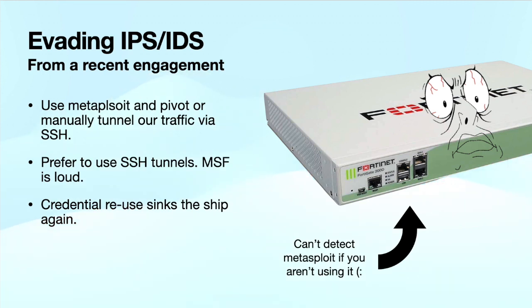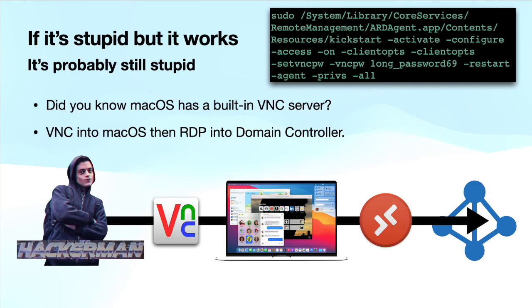So we got the DC because they use the same password for their login on the local admins on the user group, whatever. But we have a pretty good working relationship with this particular IT admin. So we thought, okay, what if we pull this chain a little bit? What if we remote SSH into his Mac, we enable the built-in VNC server on the Mac, and instead of using SSH, we log in through VNC, and then we log into remote desktop and gain the DC again, just because.